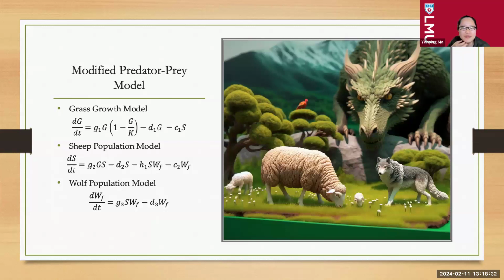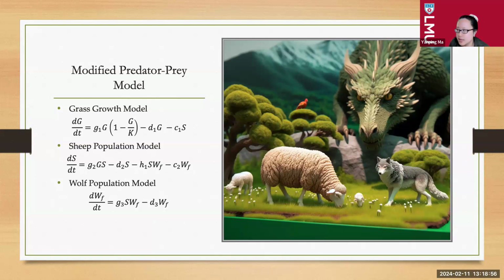So here's a first attempt to build our model. For example, if we were talking about the type of dragon which only eats sheep, of course, we can include many other types of food sources. Nobody said it has to be sheep, right?